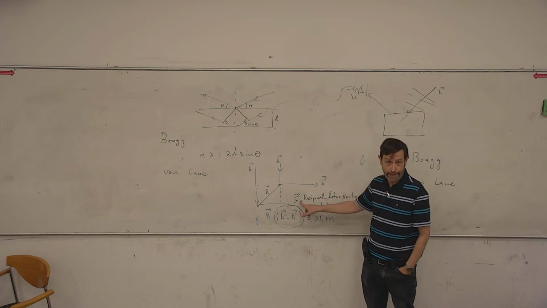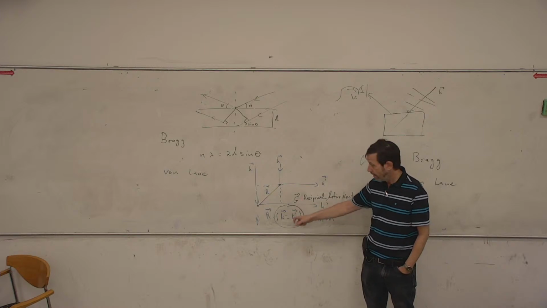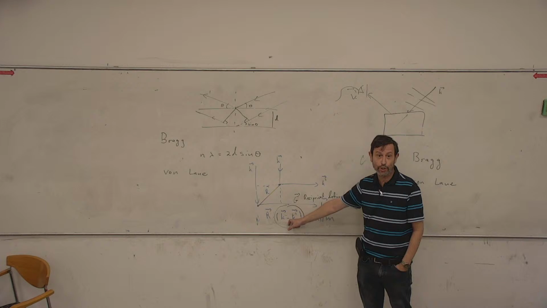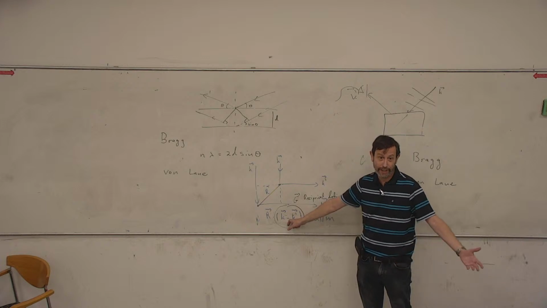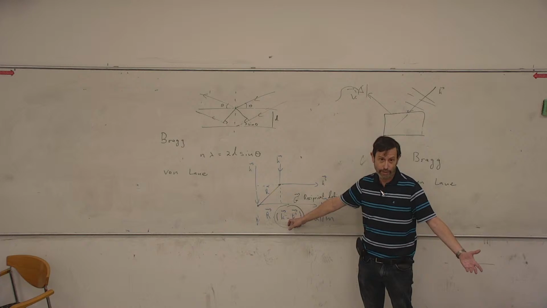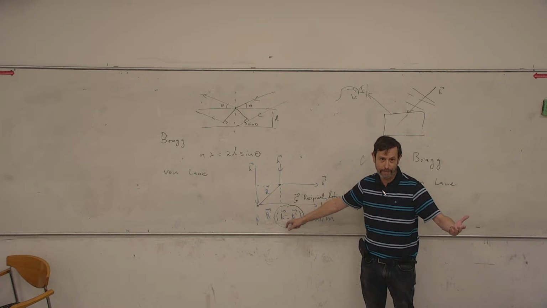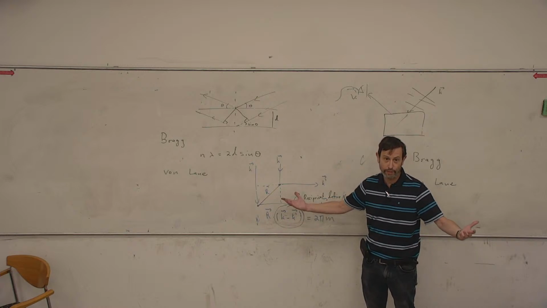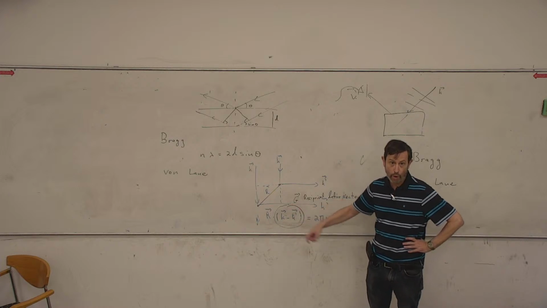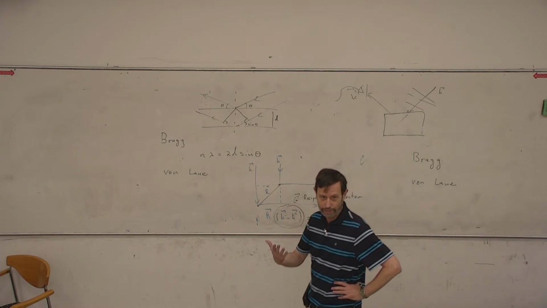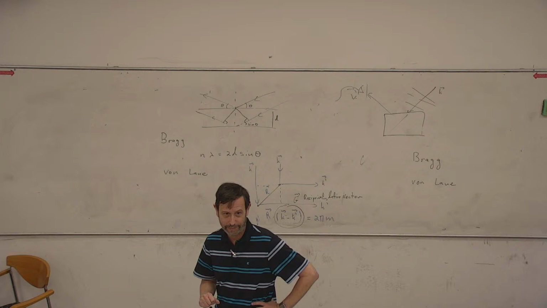Roughly speaking, 2 pi over a. If lambda is much shorter or much larger than a, I will never hit this condition, or I'll hit it all the time, so I won't see the interference. Lambda has to be of the order of a in order to see the interference.